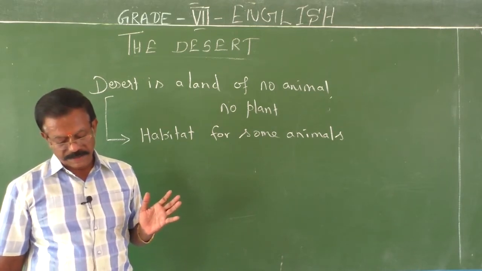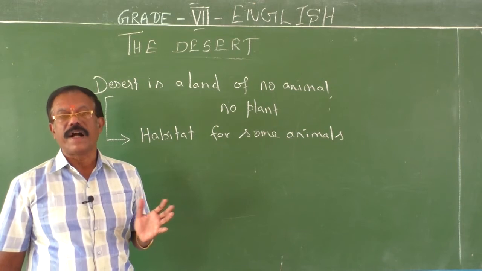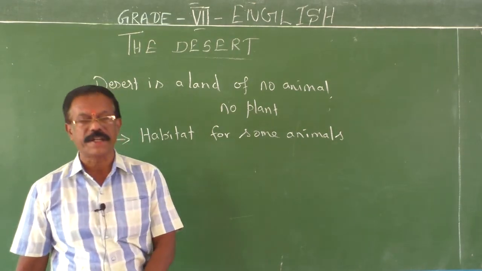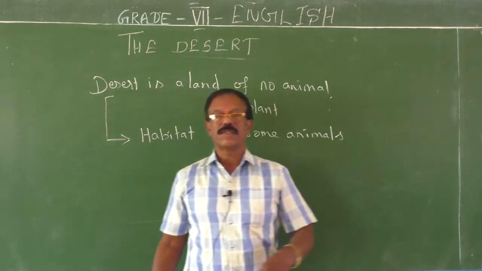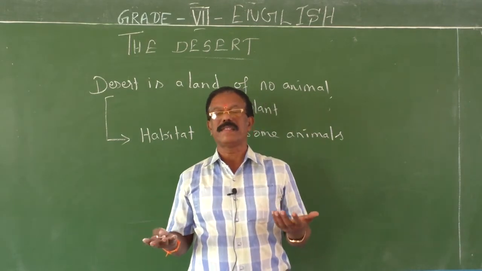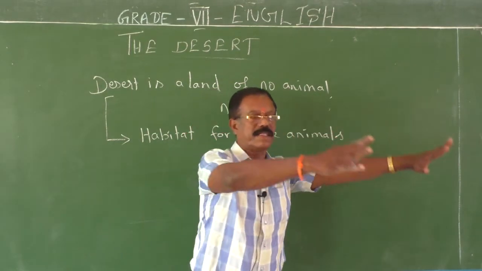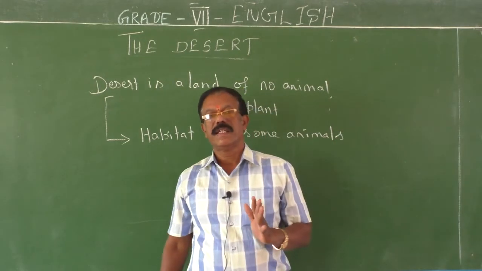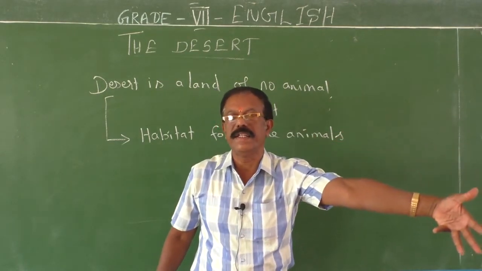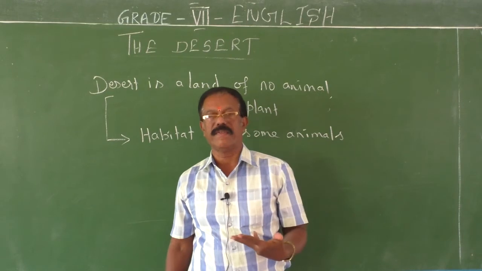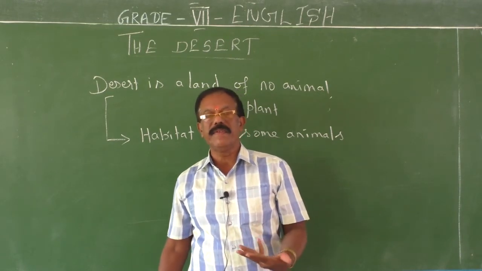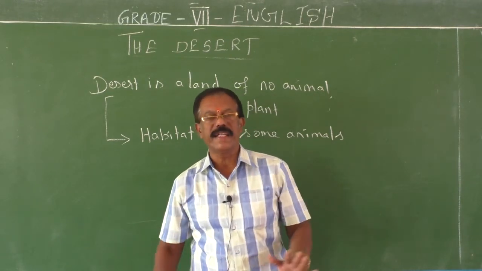Plants and animals of the desert can survive on less water. That is the very peculiarity of these animals. Suppose you compare the animals living in the desert with animals living in other areas. Animals in other areas need more water for their survival, but the animals living in the deserts don't need that much water.